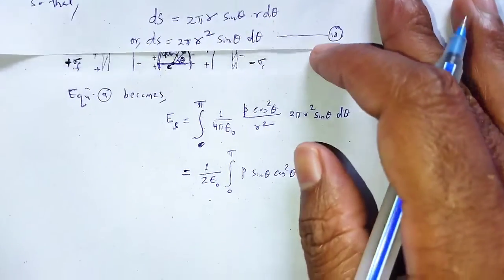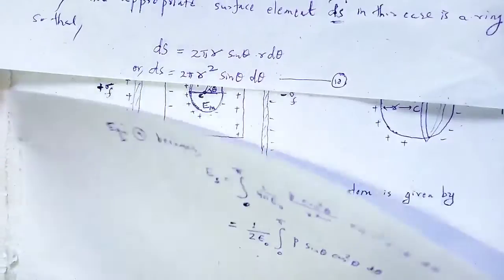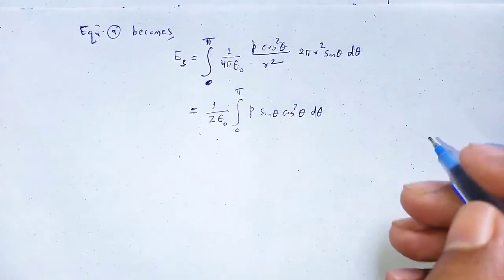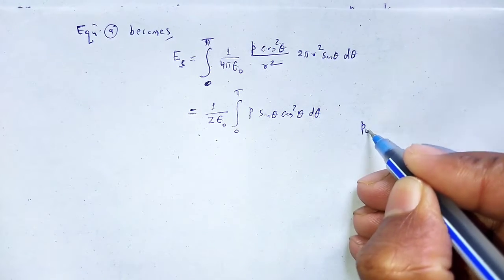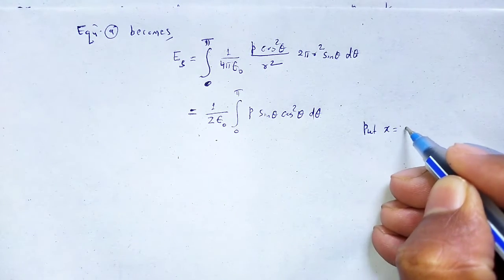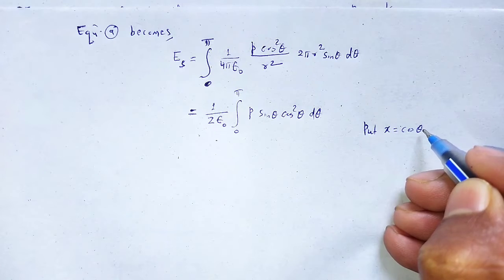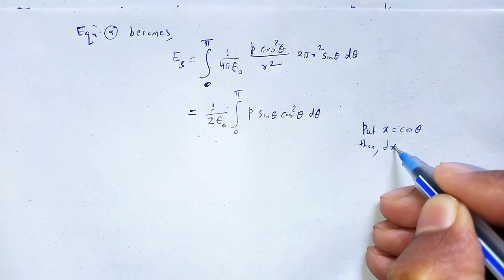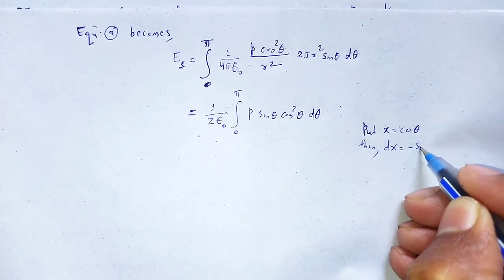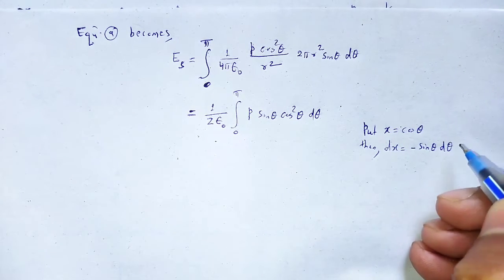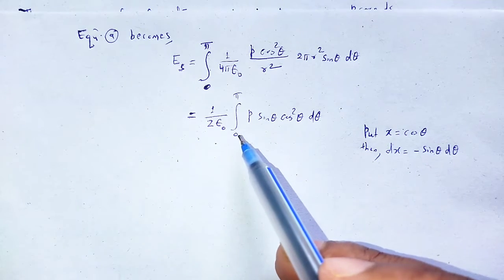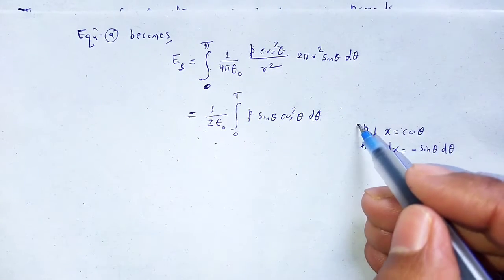Let us substitute here to solve that particular integration. Put x is equal to cos theta, then dx is minus sin theta d theta, and the limit changes from 1 to minus 1.